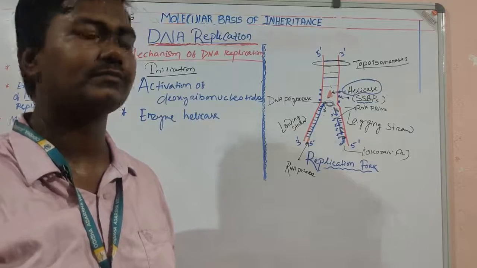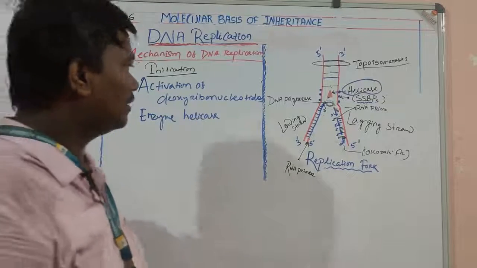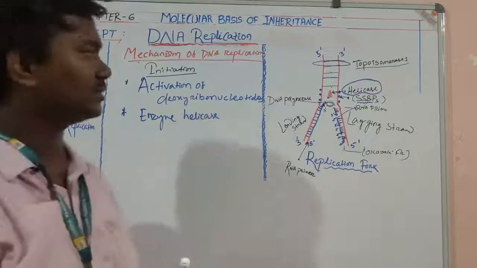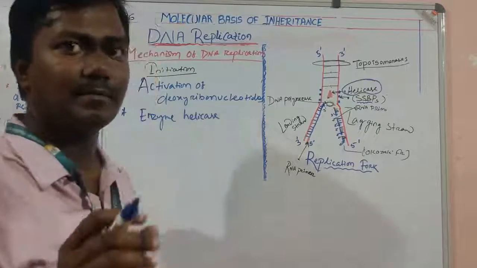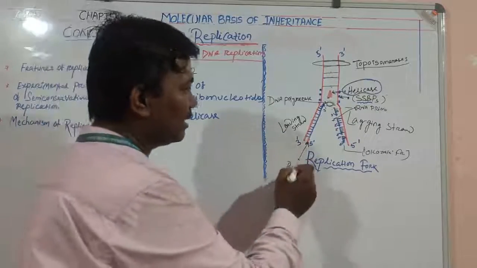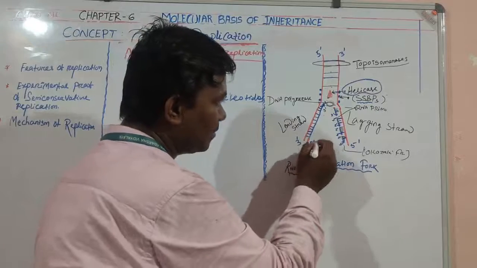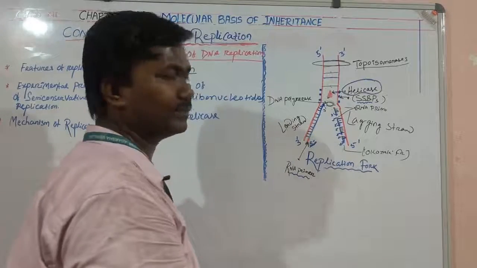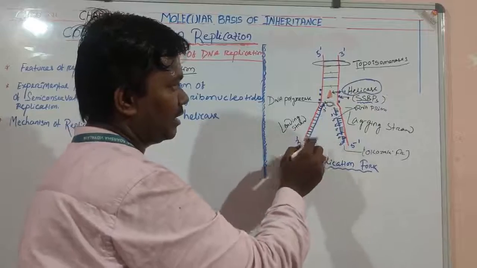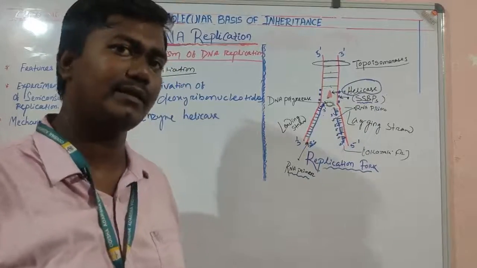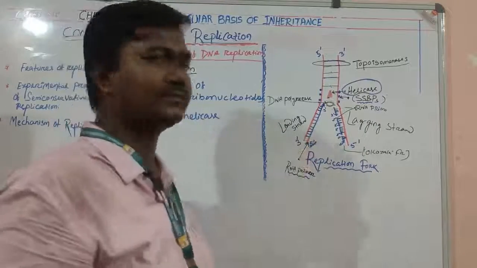Got it? Then the enzyme primase synthesizes a small RNA primer at the 5' end on both sides. Okay.